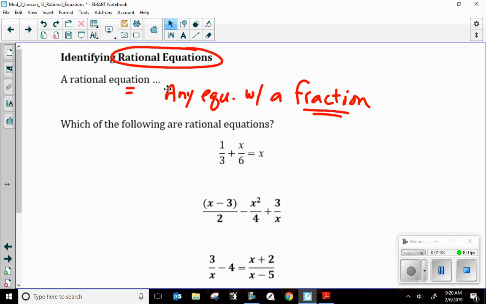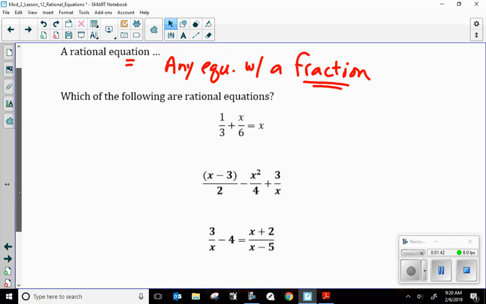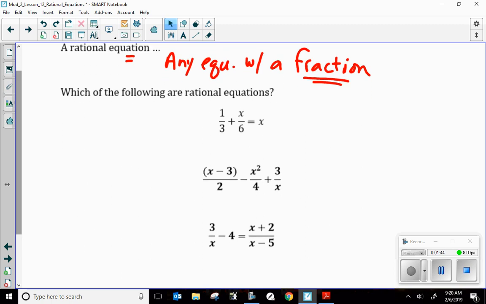So as I look at the following three math sentences, which of the following are rational equations? When I first did this, I'm going to be honest with you, I was like, oh, they all are, because I'm looking and I'm loving fractions everywhere. But maybe you noticed this, maybe you didn't. This is a rational equation?